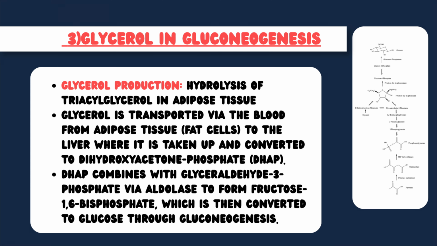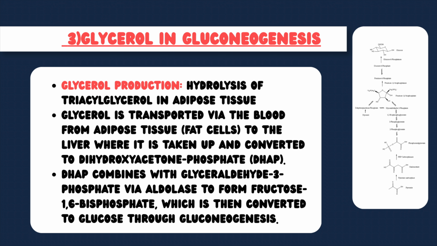The third substrate for gluconeogenesis is glycerol. Glycerol production is the hydrolysis of triglycerides in adipose tissue, or fat cells. Glycerol is transported via the blood from adipose tissue, the fat cells, to the liver, where it is taken up and converted to DHAP.